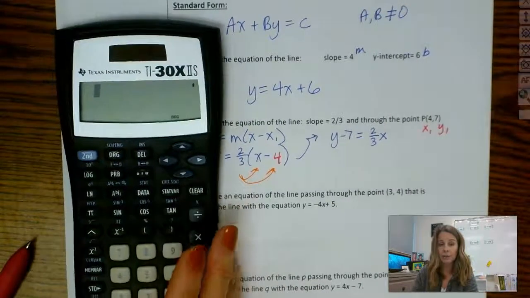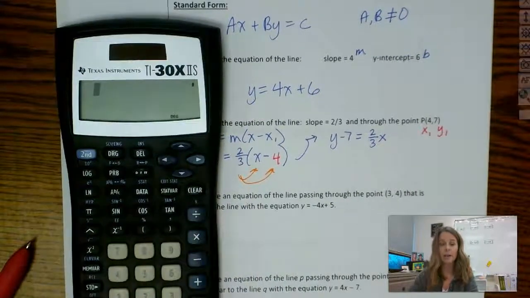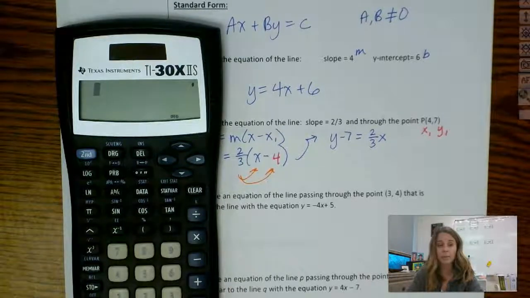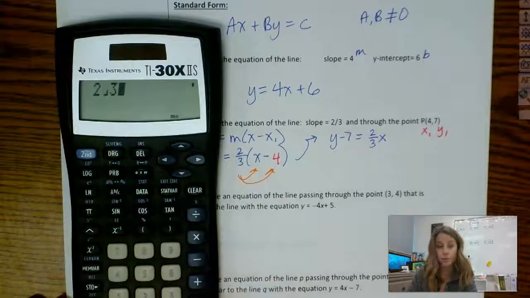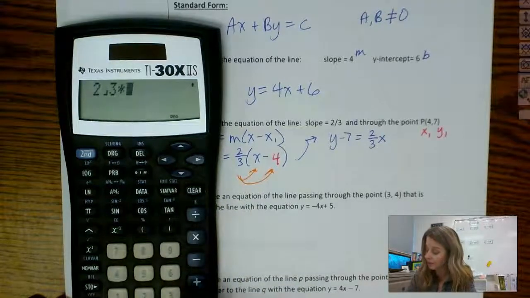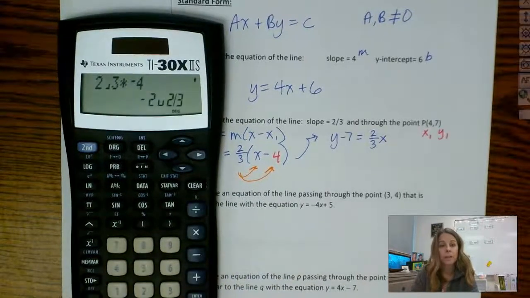I'm going to let the calculator help me with that. If you have a calculator like this one, or really most scientific calculators, I don't want to write things as rounded decimals, so I usually leave them in fractional form. So 2/3 times negative 4. Now that's a mixed number, negative 2 and 2/3. We normally like improper fractions.